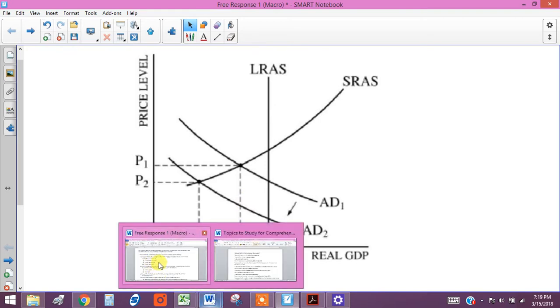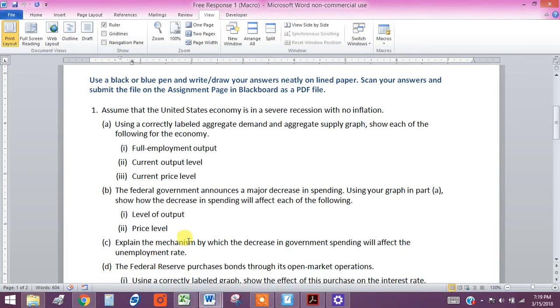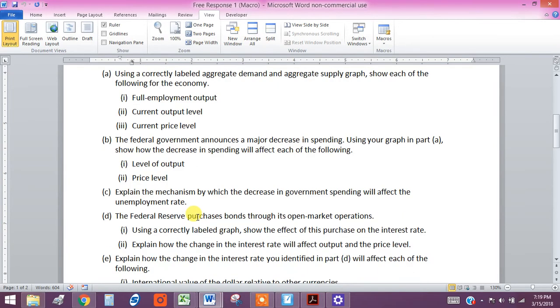So that's part B. Now part C, we want to explain the mechanism by which the decrease in government spending will affect the unemployment rate.